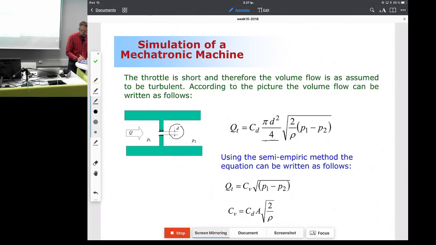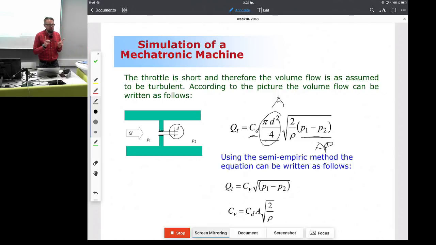It's going to be pi multiplied by D power 2 divided by 4. That's going to be the area. Multiplied by discharge coefficient, the one that is coming from the hydraulics. That is then multiplied by square root of 2 divided by density. And then I have here the pressure difference, delta P. Okay, that's my analytical model.